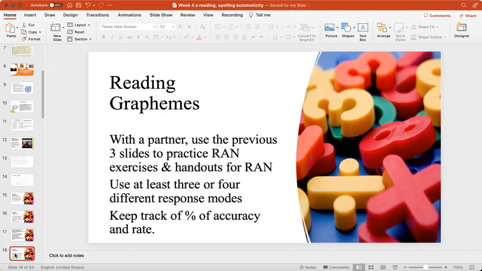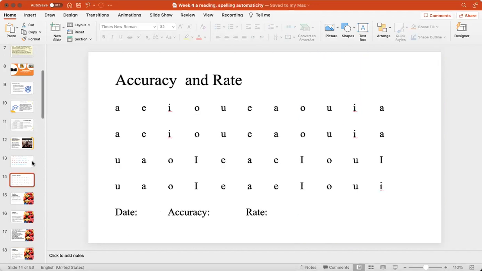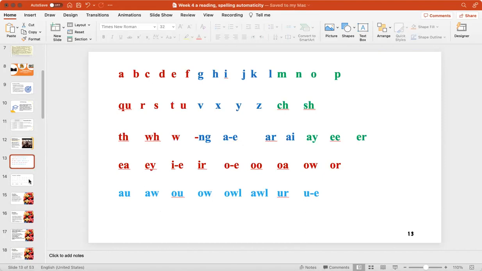Okay, so this is what I would like you to do. Let's see, how many people do we have? 1, 2, 3, 4, 5, 6, 7, 8, 9, 10, 11, 12, 13, 14. So we're going to have 7 rooms. I'm going to be dropping into the rooms today. I would like you to use both of these RAN exercises, and I would like you to have your partner read them aloud.